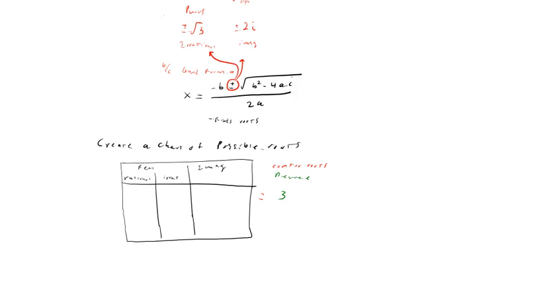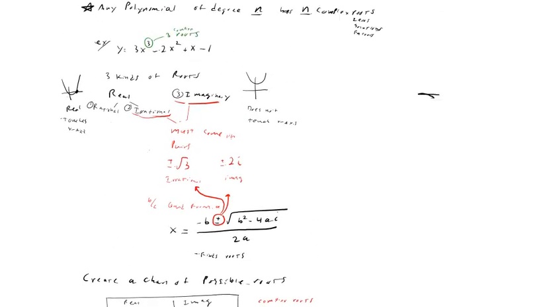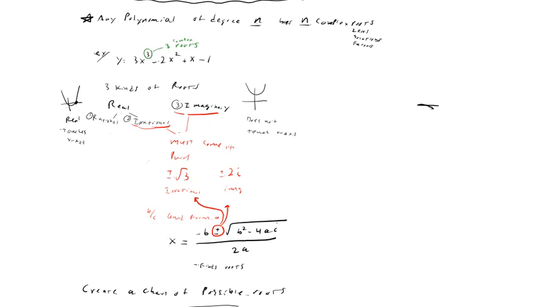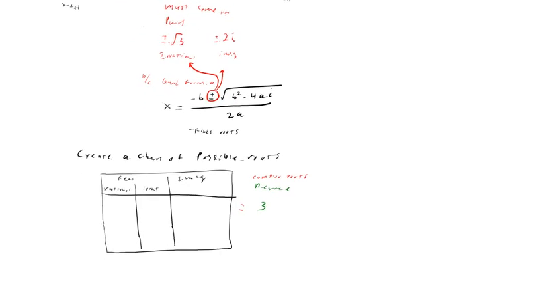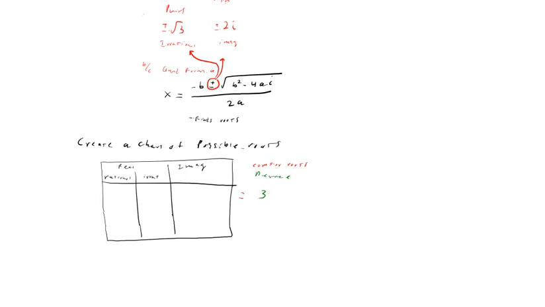So our question was this equation up here, this 3x cubed minus 2x squared equation, right? So I want to make a chart of the possible situations that that equation can fall into. So I have y equals 3x cubed minus 2x squared plus x minus 1.